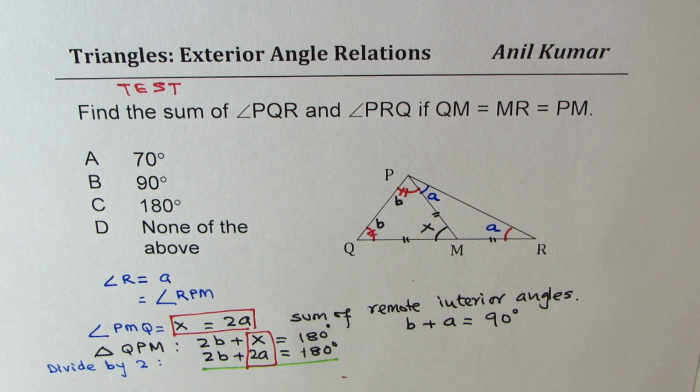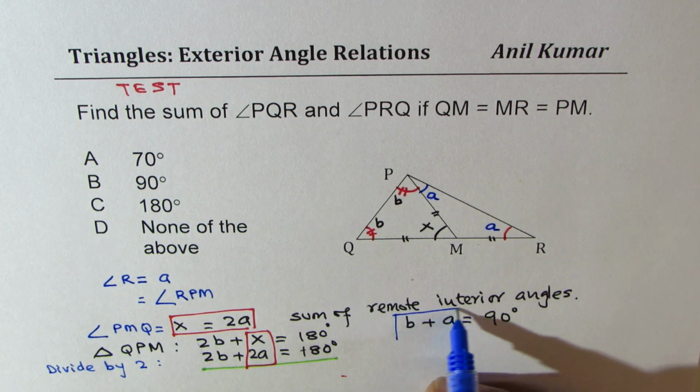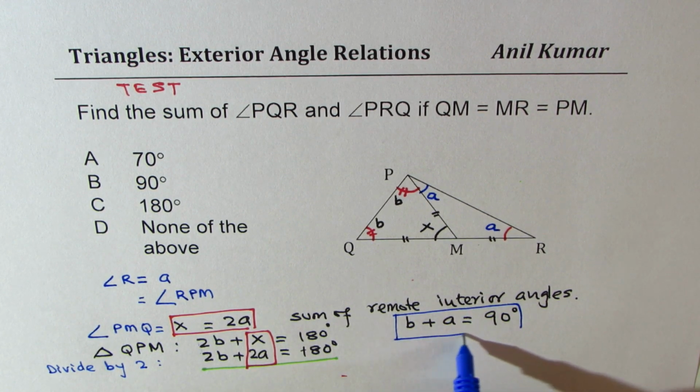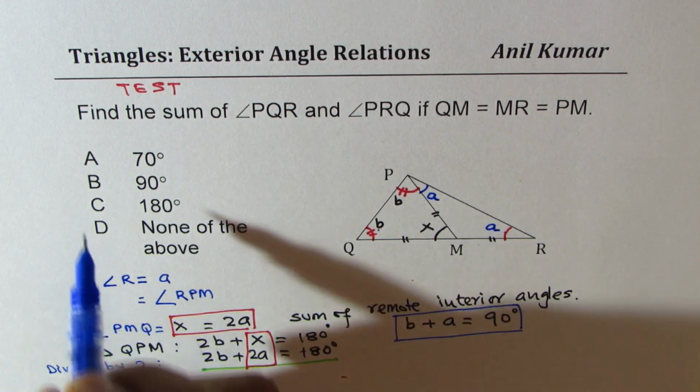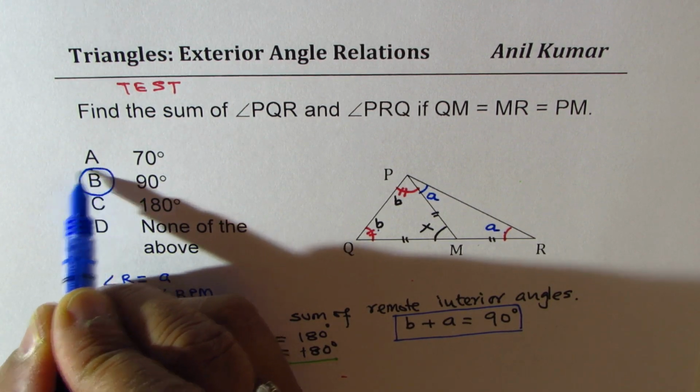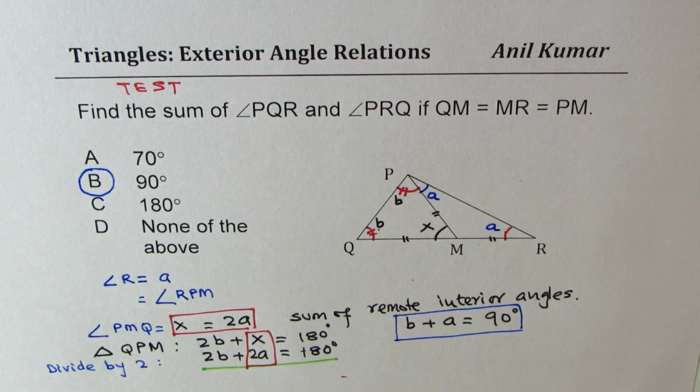When you divide, that 2 cancels, this 2 cancels, and 180 divided by 2 is 90 degrees. So we get our result that A plus B is 90 degrees. So the sum of these two angles is indeed 90 degrees. Does it make sense to you? Correct? So that is how you can prove it.